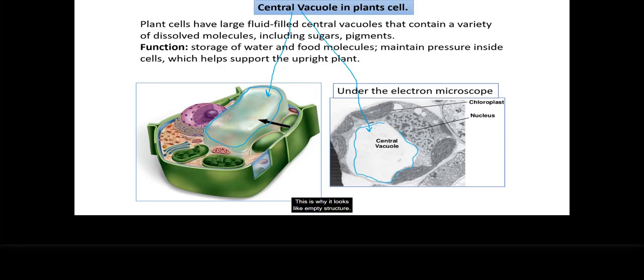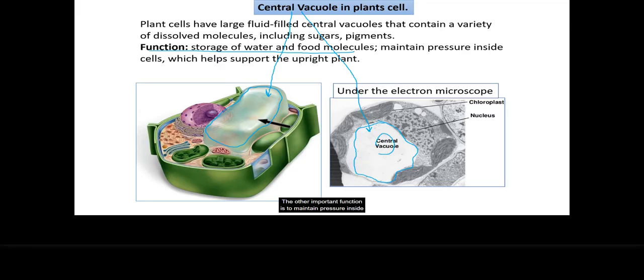This is why it looks like an empty structure. This is the central vacuole. And what is inside of it? We will have water with different dissolved sugars, pigment, and other dissolved nutrients and molecules. Mostly the function of the central vacuole is to store water and food molecules.